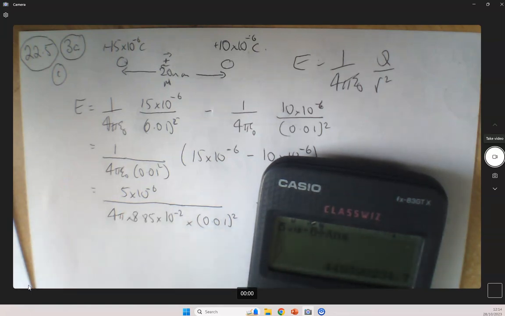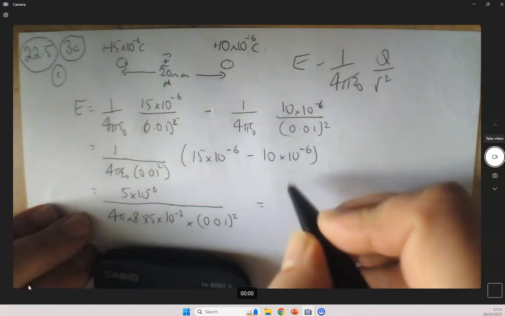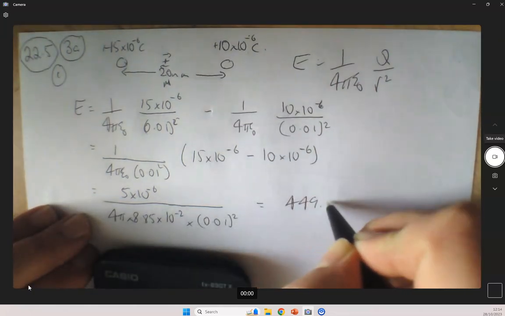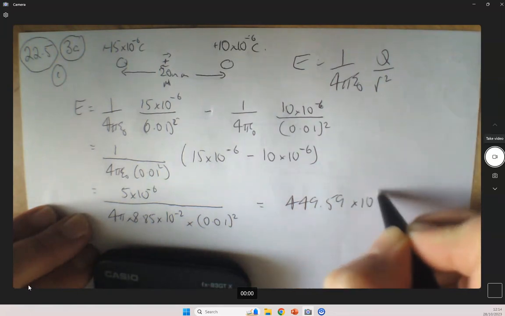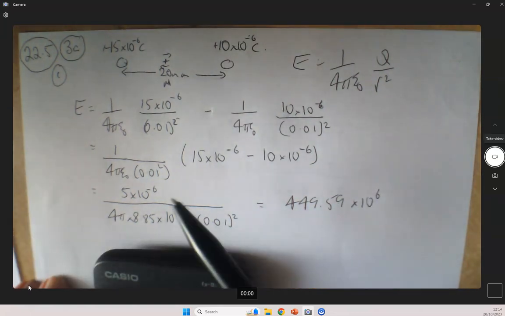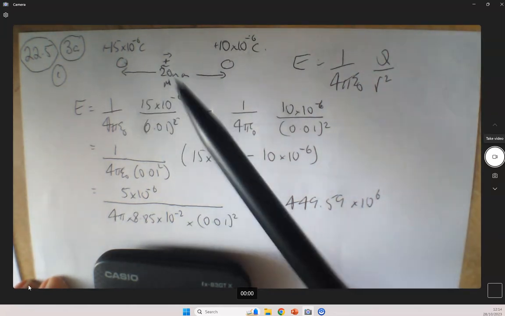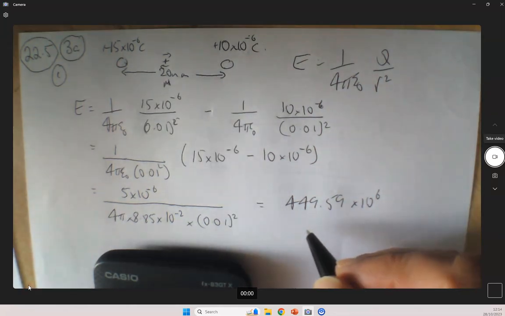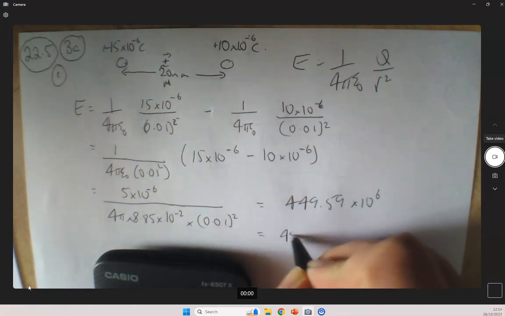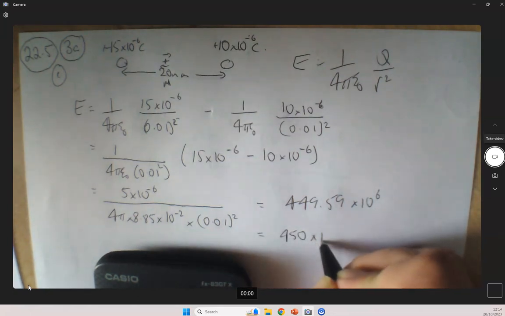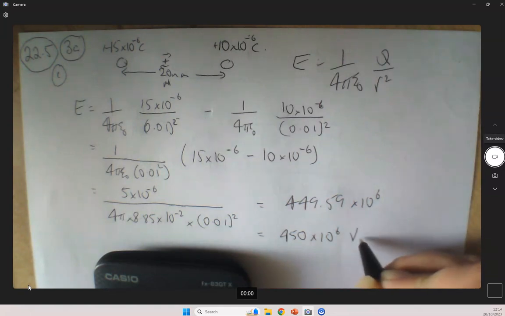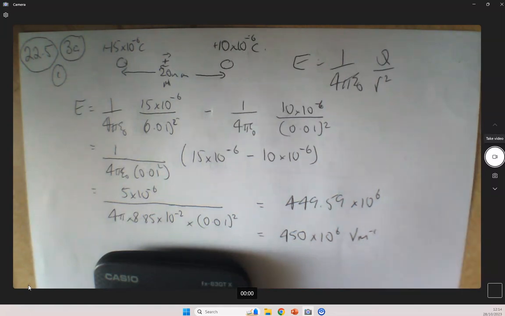Using the ENG button, I've got 449.59 times 10 to the 6. Looking at this, I've got 20 millimeters, so basically 2 significant figures, so I'm going to write that as 450 times 10 to the 6 volts per meter, to 2 significant figures.